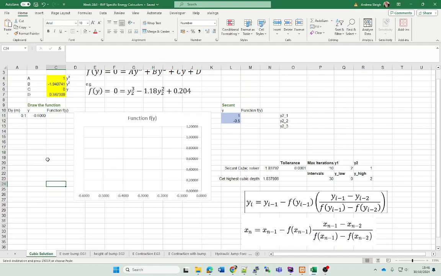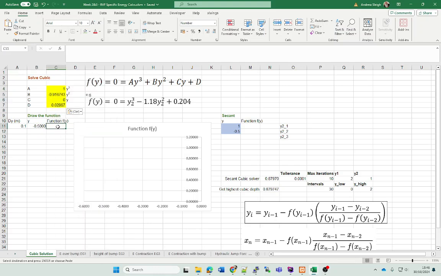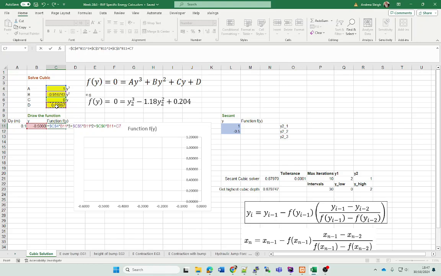I seem to have deleted it, so let's put the values in the function: a times y cubed plus b times y squared plus c times y plus d.